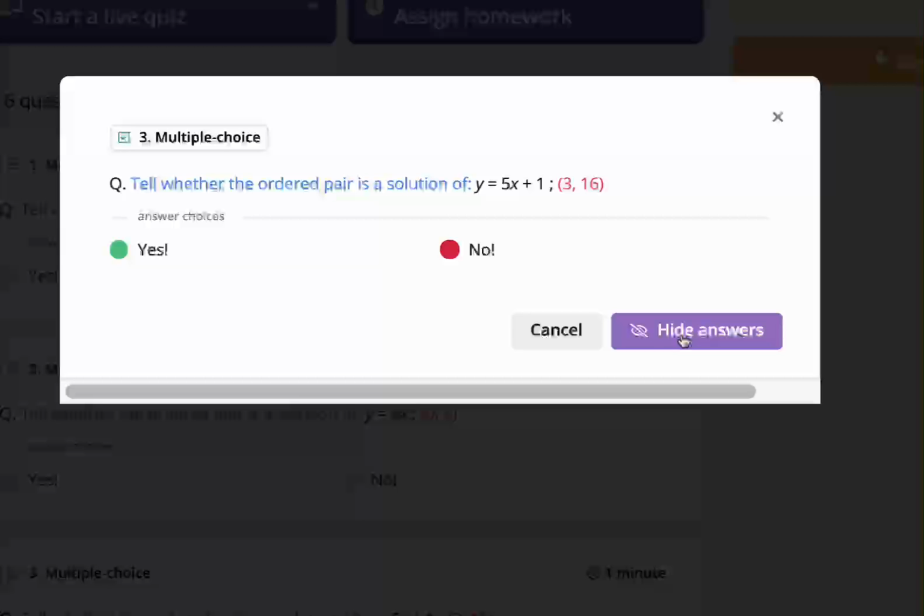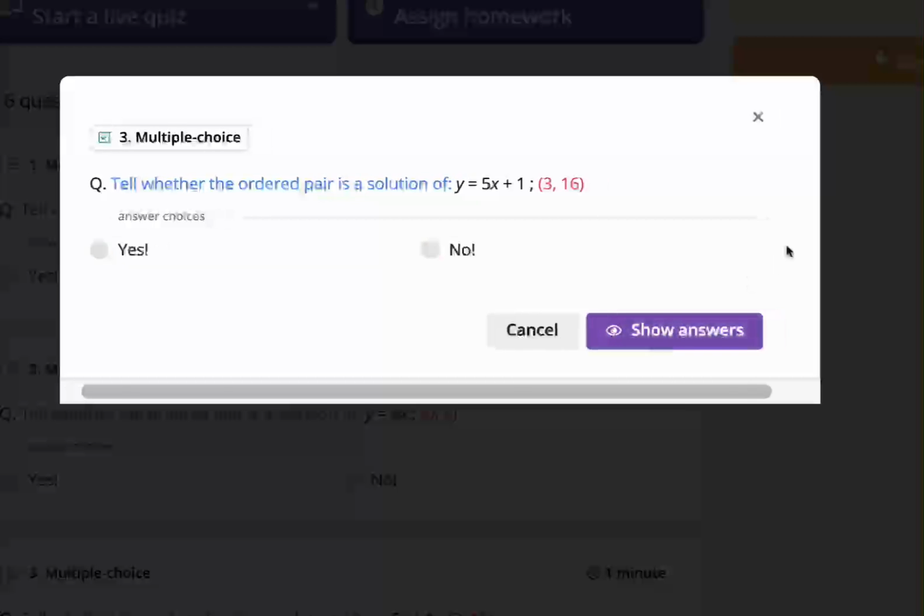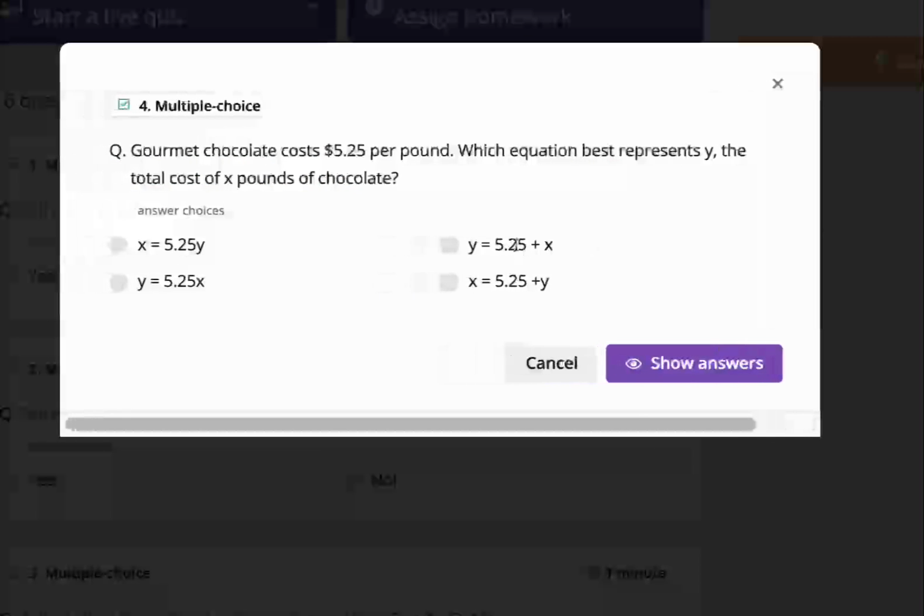As I said before, for these questions, you should use a piece of paper or a notebook and write the steps. In this question, we have the cost per pound, and y is the total cost and x is the number of pounds.